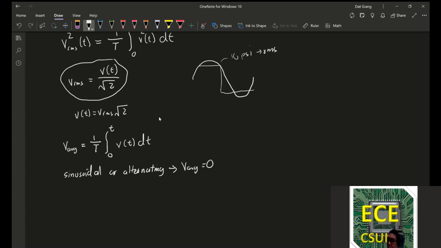If you have a signal that isn't alternating, like a DC source, then you might be able to tell and give some information about it.